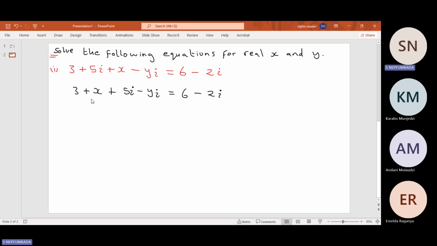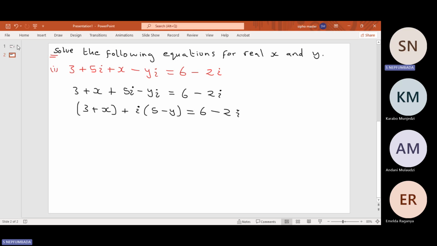Are we fine? Then we can put this together: 3 plus x, plus i taken outside, leaving 5 minus y inside, is equal to 6 minus 2i.